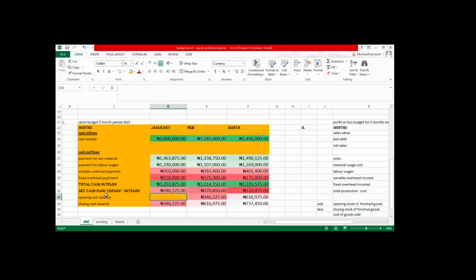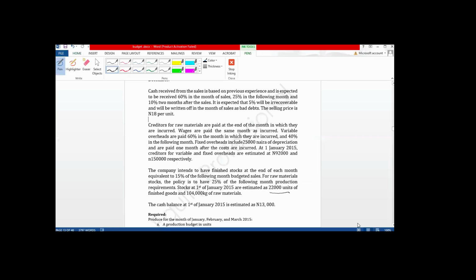Then your opening cash balance, that's the only figure remaining. We need to look at it. Cash balance at 1st January, 13,000.